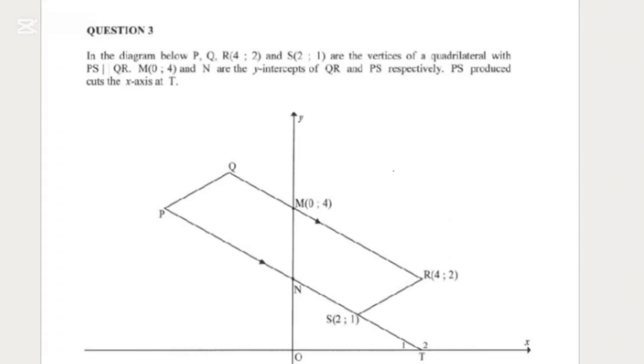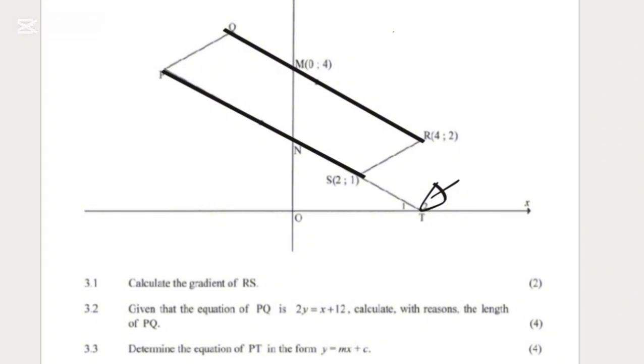QR is line QR and PS respectively. PS is this one. Those two lines are produced, and T is produced so that it cuts here. This is T.